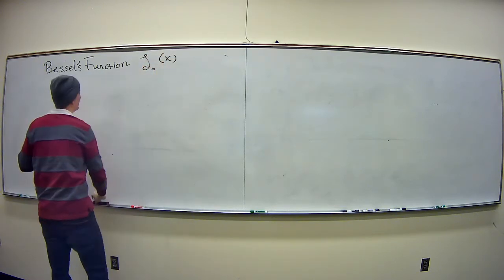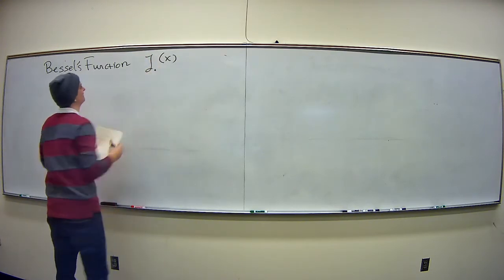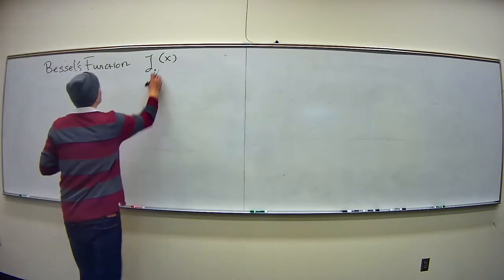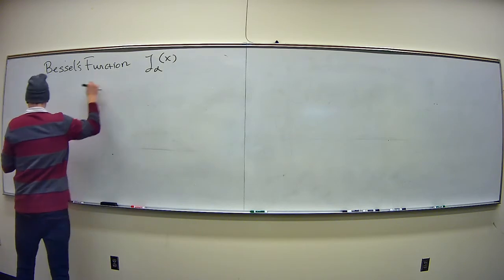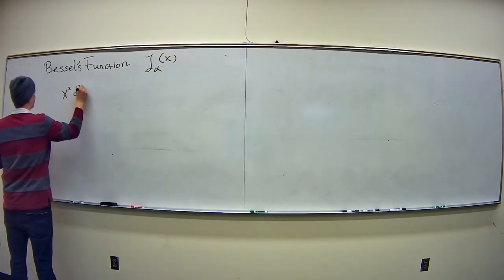This is a J. I write my J's kind of weird, I think. Sorry. It's a J. So J0, really a J alpha. That's how you define them. So similar to the Airy function, Bessel functions are the solutions, or a solution, of this differential equation.